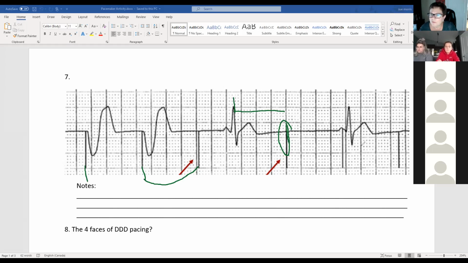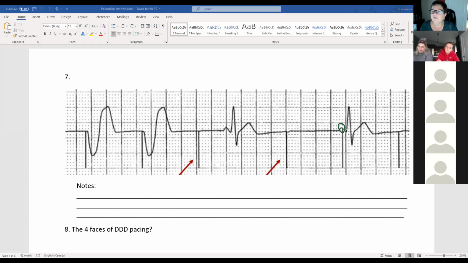But people get really stressed about this one. They say, well, that didn't sense. Actually, it did. The reason I know that is because it's a VVI pacemaker. It's not sensing P waves. It doesn't see P waves.